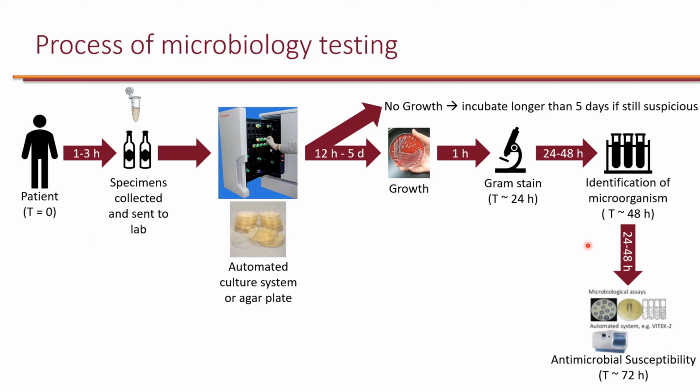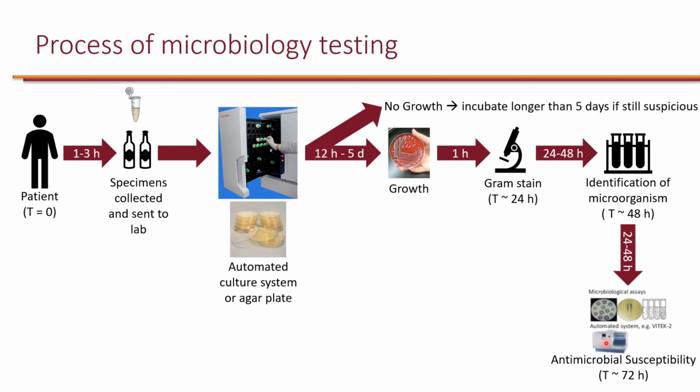And once an organism is identified, for example, if they say this is E. coli, then the next step would be to identify antimicrobial susceptibility. So then, it typically takes another 24 to 48 hours to do various testing. And we will go over some of these susceptibility tests.